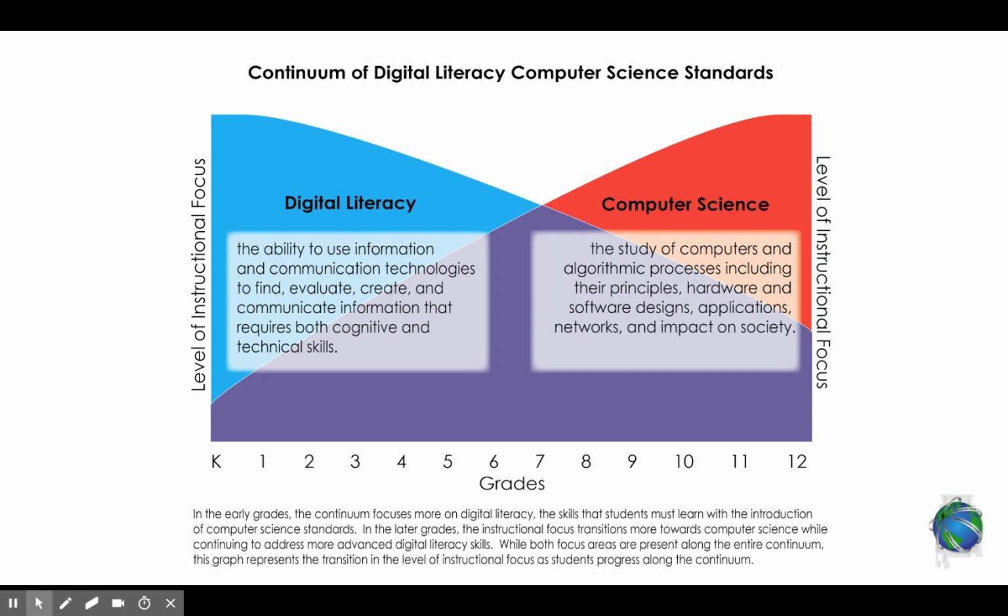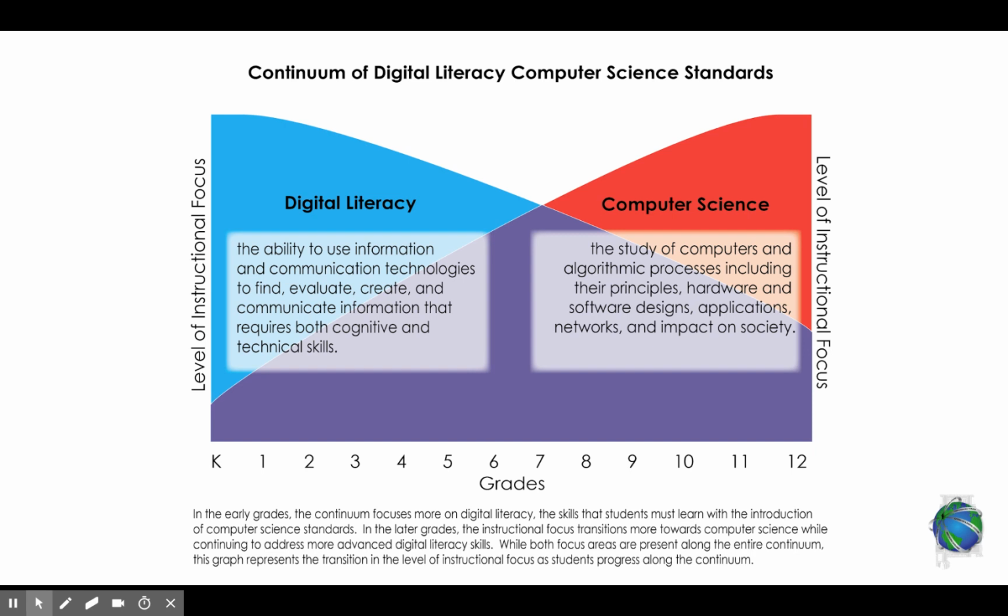What we settled on is that they both are equally important, just at different levels of focus as you move along the grades. If you see on the vertical axis of this chart, the level of instructional focus, in kindergarten it's very high with digital literacy, although you can see in the purple there, computer science is included even as low as kindergarten.